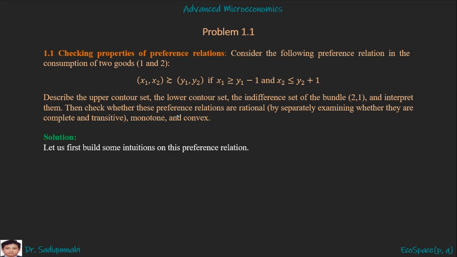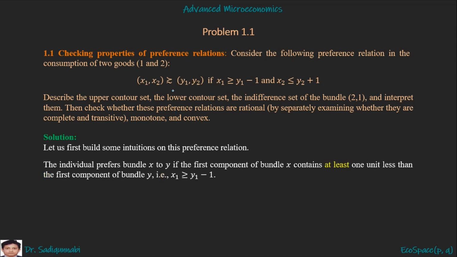First, we build intuition behind this preference relation. The preference relation says that an individual prefers x to y if the first component of bundle x, that means x1, contains at least one unit less than the first component of bundle y, that means y1.